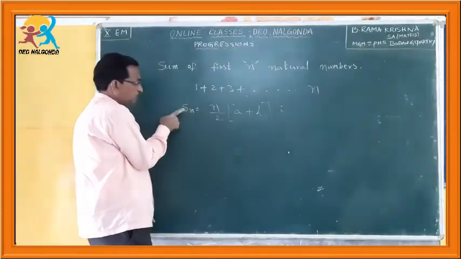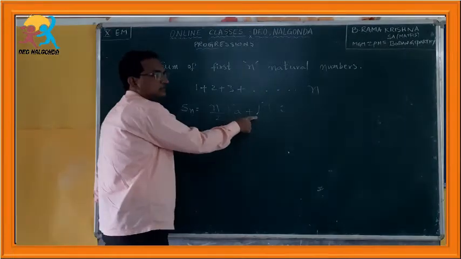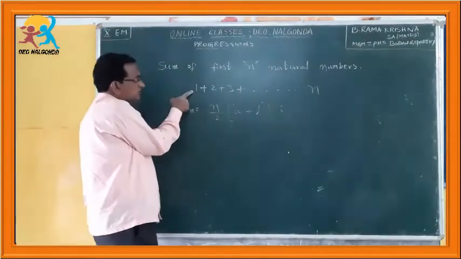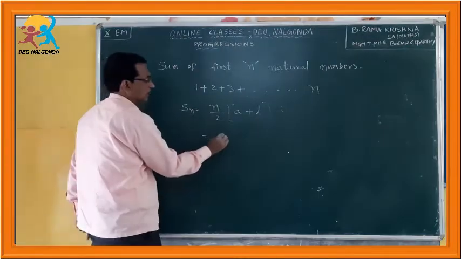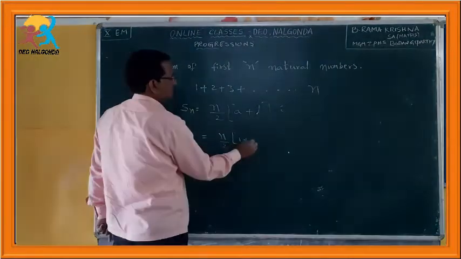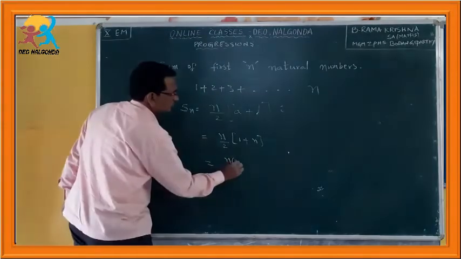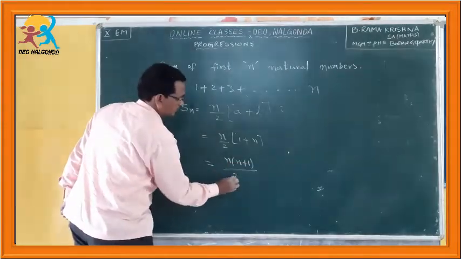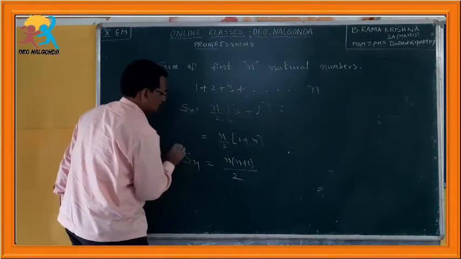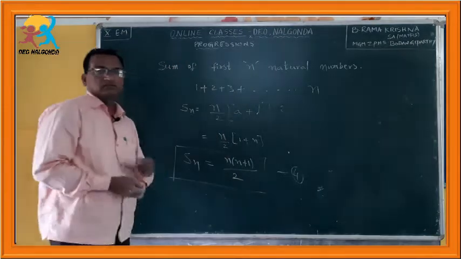We want the sum to n terms, so here the last term is n and the first term is 1. Therefore, substituting, n by 2 into 1 plus n, which can be rewritten as n into n plus 1 by 2. This is Sn.